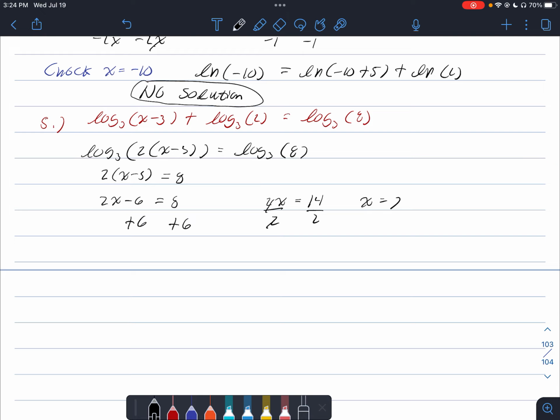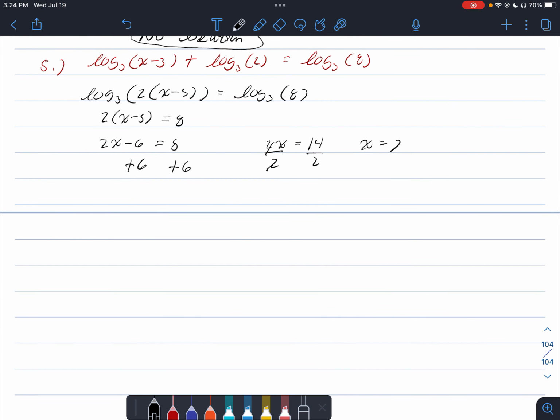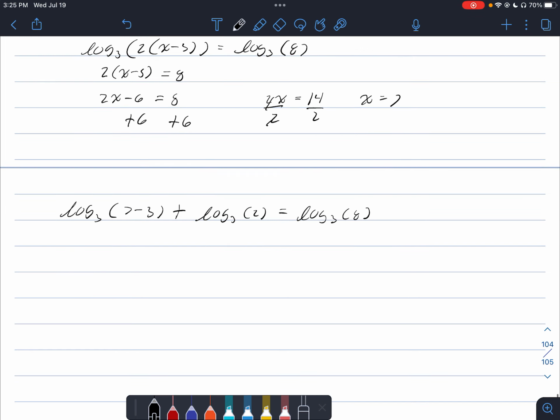Okay, so let's see if there's any issue here. Let's confirm that this actually works as well. If we have log base 3 of 7 minus 3 plus log base 3 of 2, we should have log base 3 of 8. If all of this checks out, then we should be good. So this will become log base 3 of 4 plus log base 3 of 2 is equal to log base 3 of 8.